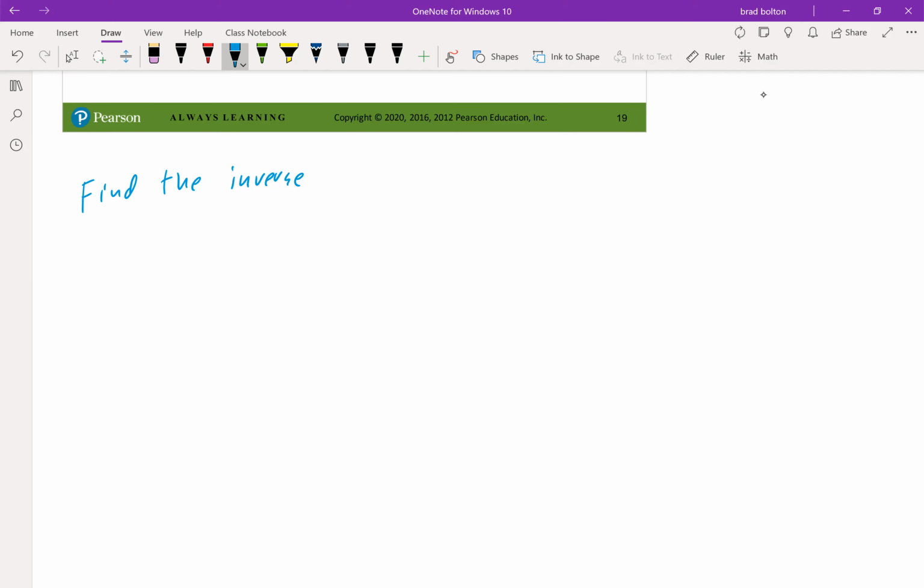of f of x equals the cube root of x minus 1. First thing we have to verify is that it is in fact a one-to-one function. So I'm just going to take out my calculator and plug in the cube root of x minus 1.